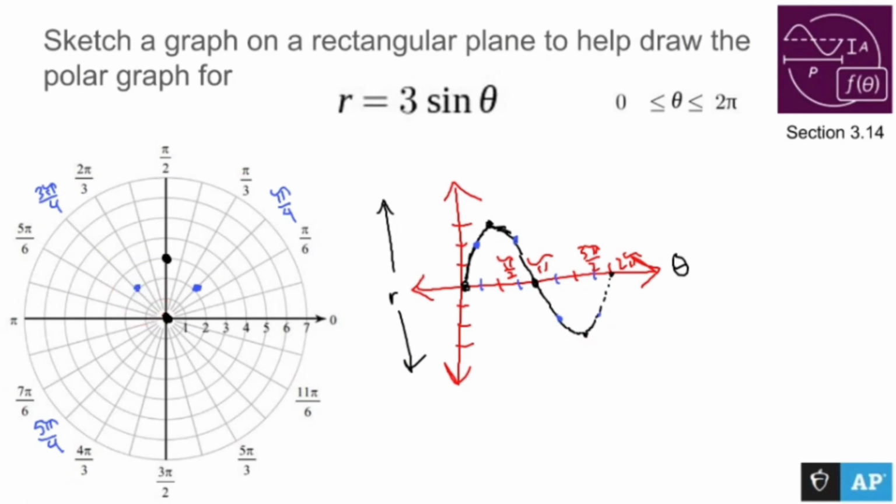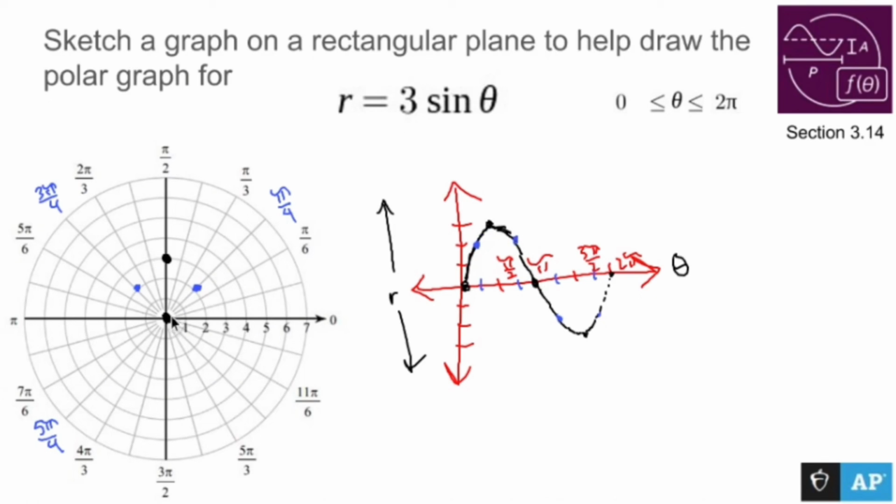So I kind of see what's happening. It's circling around. As I start at 0, 0, and as theta increases, I get further away from the pole until I hit 3, and then I get closer to the pole as I approach pi.